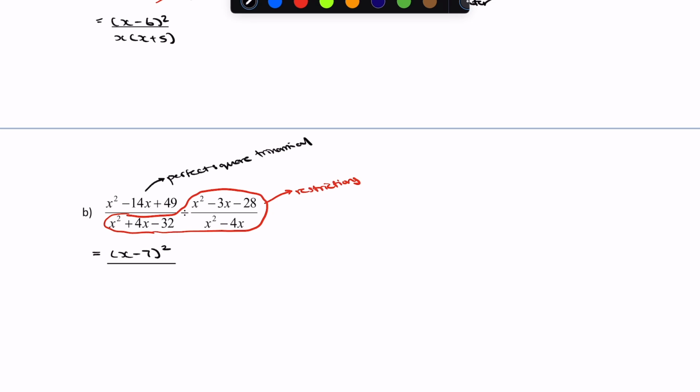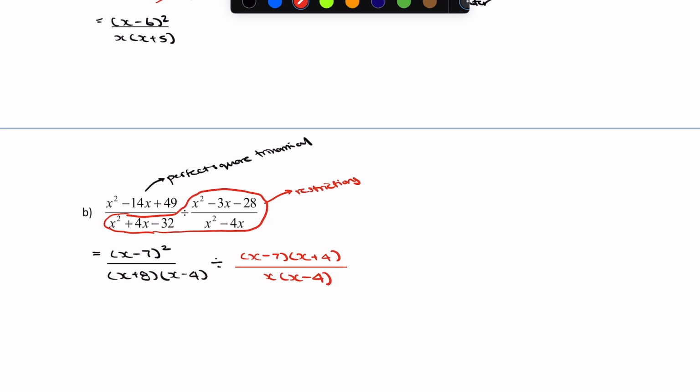Simplify the simple trinomial, which gives us x plus 8, x minus 4, divided by, factoring again, x squared minus 3x minus 28, which gives you x minus 7, x plus 4, and factor the common factor of x, and we'll be left with x minus 4.